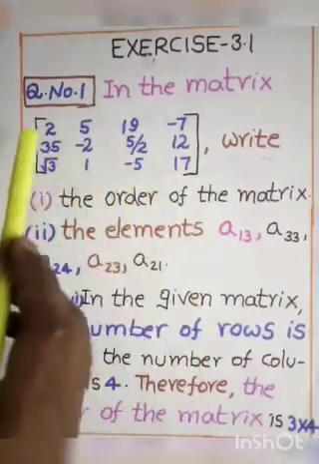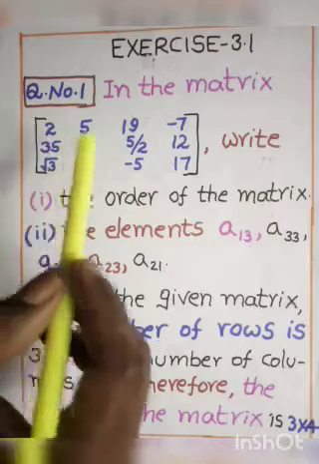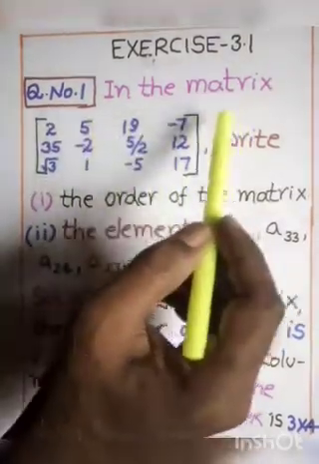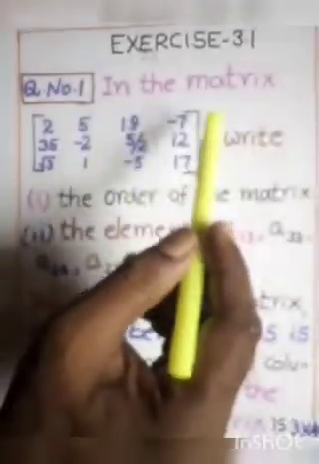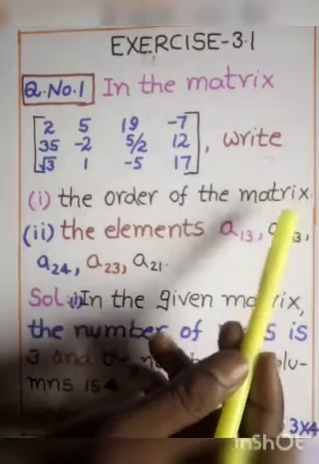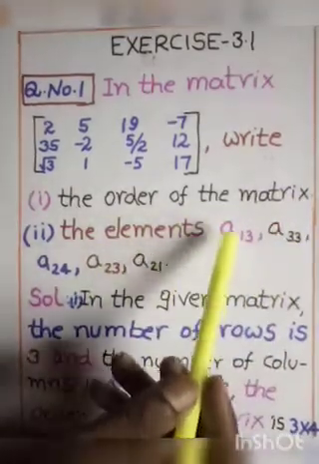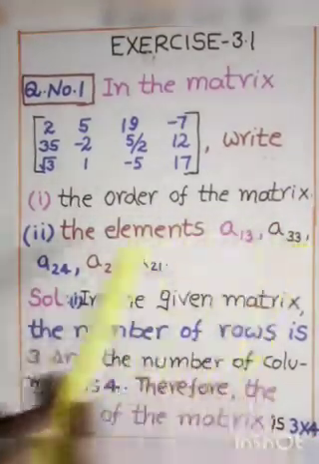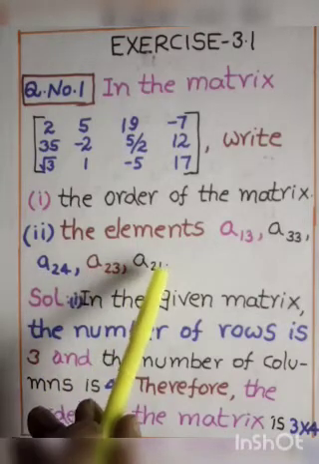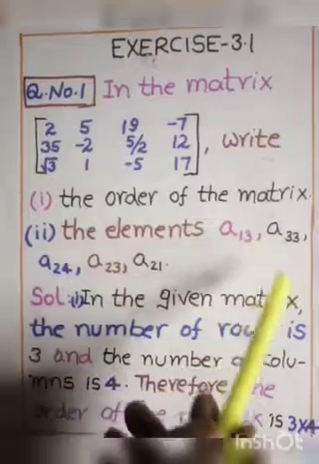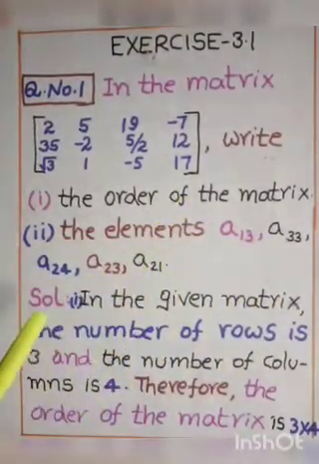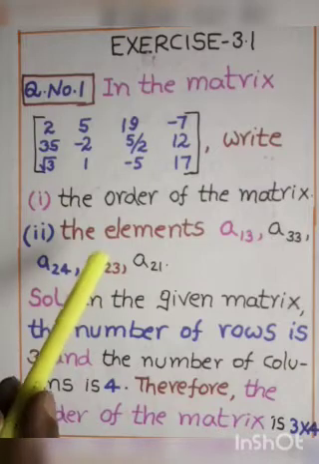While you are reading the elements in a matrix, you should read the elements of a matrix row wise, not column wise. Then write the order of the matrix, and the elements A13, A33, A24, A23, A21. You have to write the elements of the matrix. Okay, my dear children, understand the question?